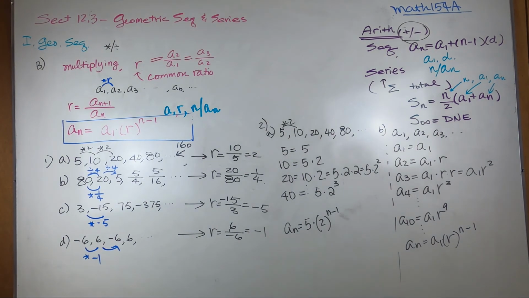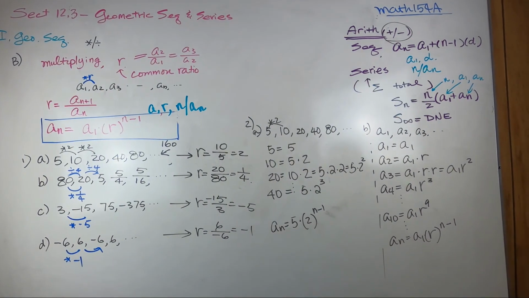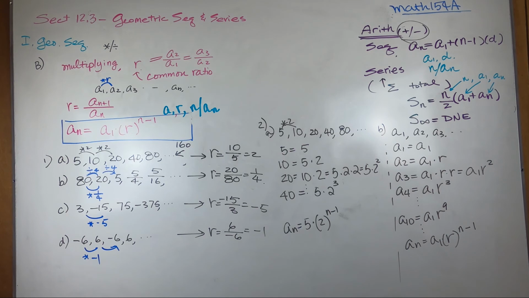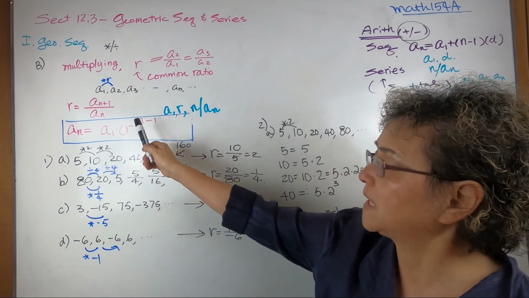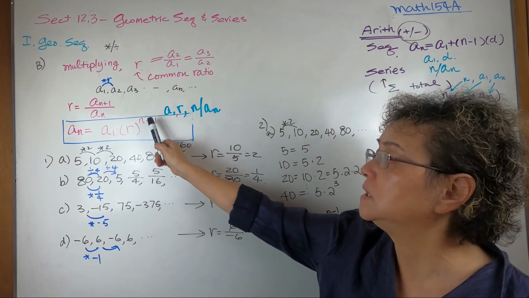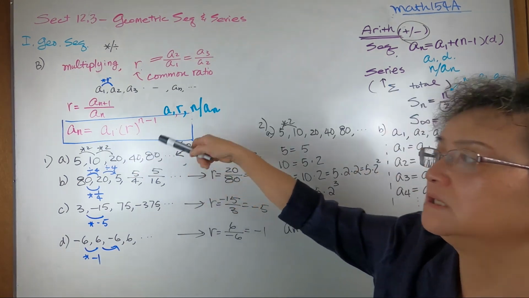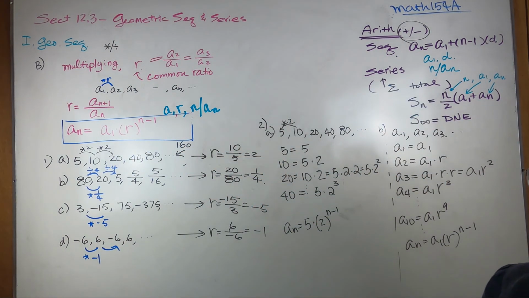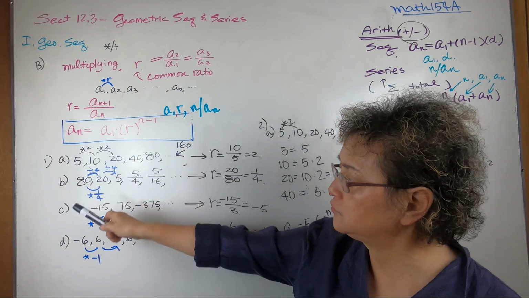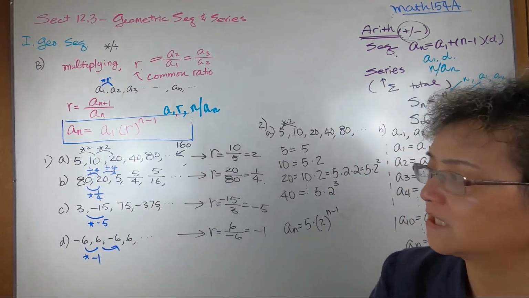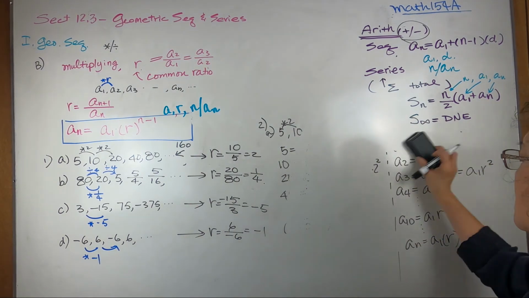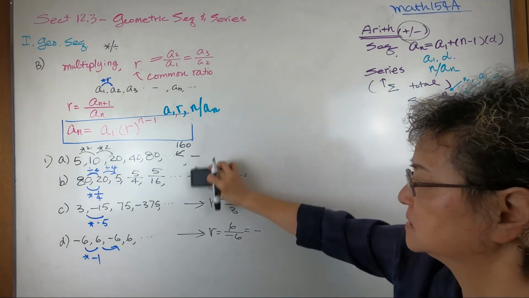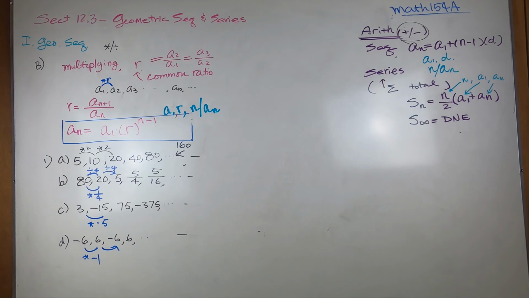So first we get our formula, then among all those numbers, we might give you the first term, the common ratio, and how many terms, and then you can find the terms. Your R can be 2 or 1/4 or -5 or -1. It can be a whole number, or it can be a fraction as well.